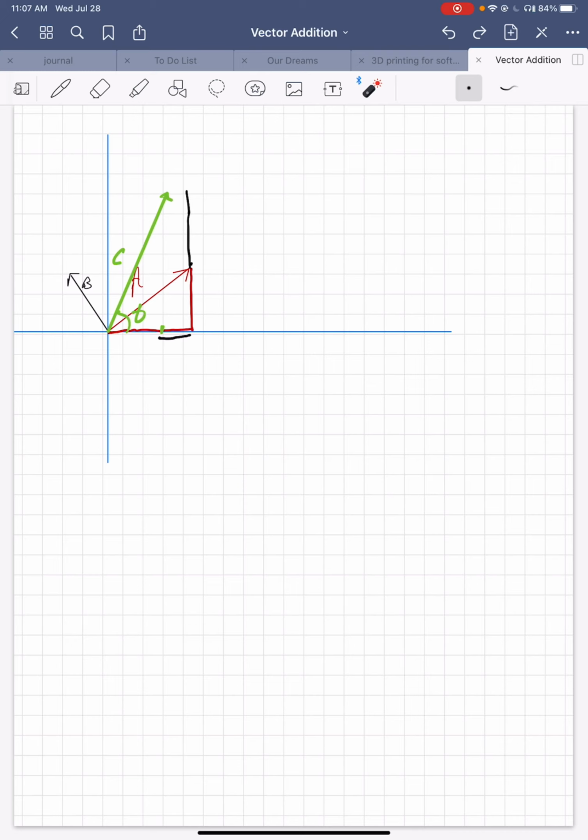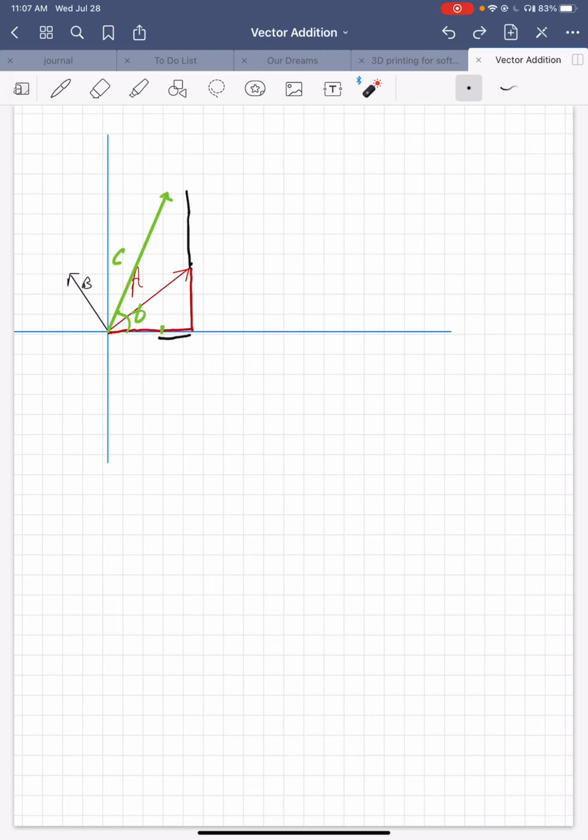Now when I draw my length and my angle, I get the same angle and magnitude as I got with my traditional graphical method. So I can use trigonometry, if I know the magnitude and direction, to determine all of my component vectors.